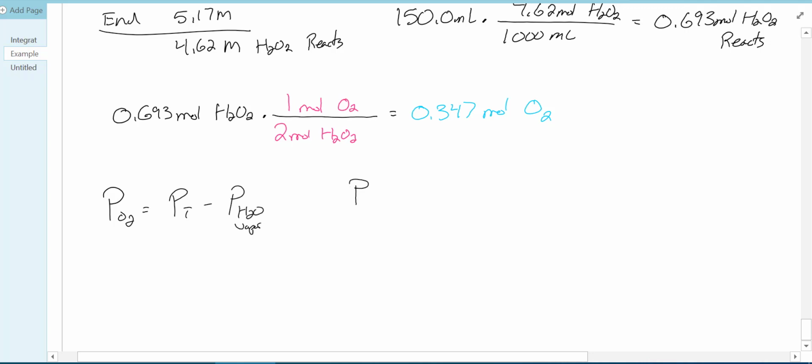So the pressure of O2 is equal to that total pressure of 742.5 millimeters of mercury minus the 17.5 millimeters of mercury. 742.5 minus 17.5. So that would be 725.